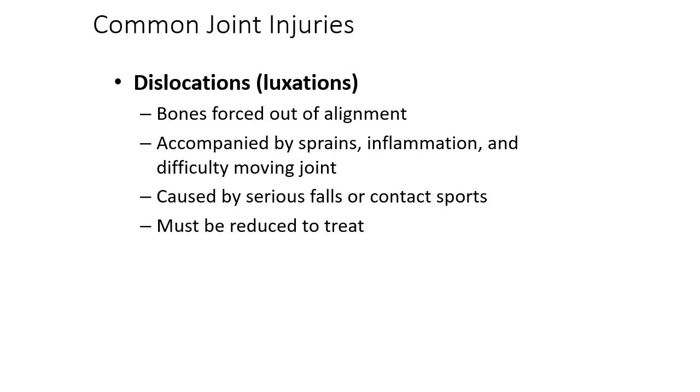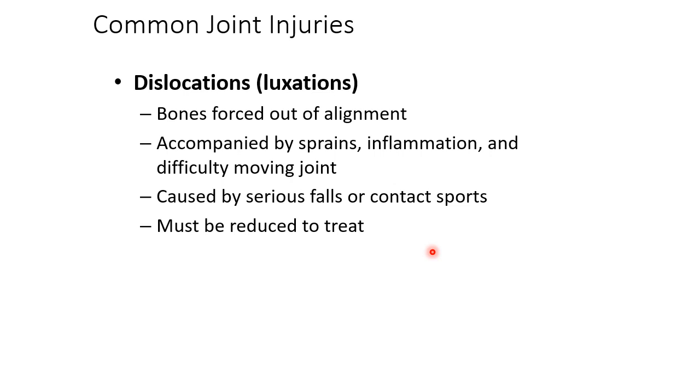Okay, then you have these dislocations, also called luxations. The bones come out of alignment, and sometimes they come out of the socket. That also doesn't go away by itself. You also have sprains, and you have a lot of inflammation. Of course, the thing hurts, right? And you're going to have difficulty moving the joint, of course, because it's out of place, right?